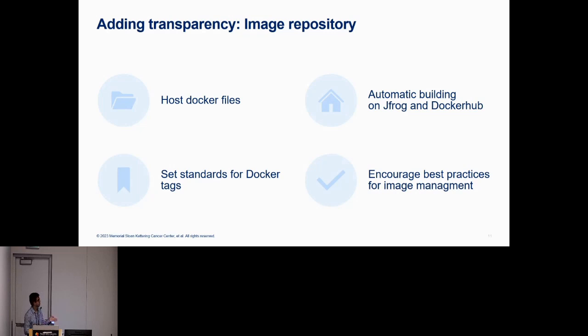You can go into the pipeline, check the GitHub link, look at the GitHub repo with the Dockerfile and see what version of R was used. You can also see what dependencies were used, and we're also enforcing some best practices for image management for tagging. So if someone has any issues with their image, they know exactly who to blame.